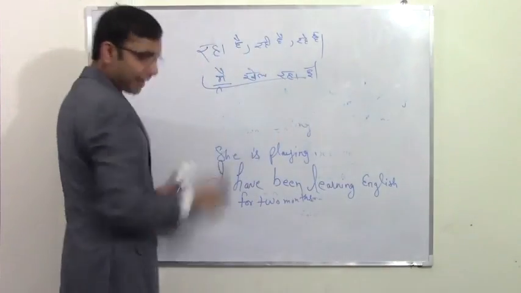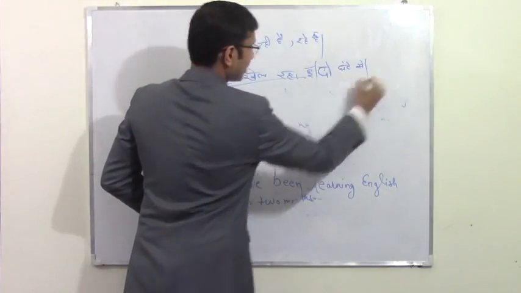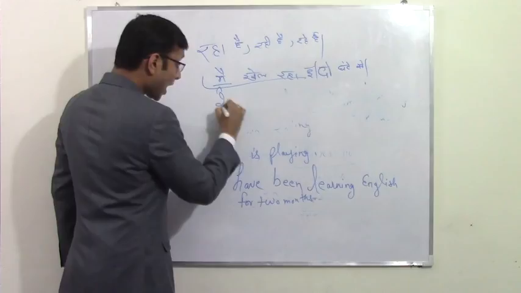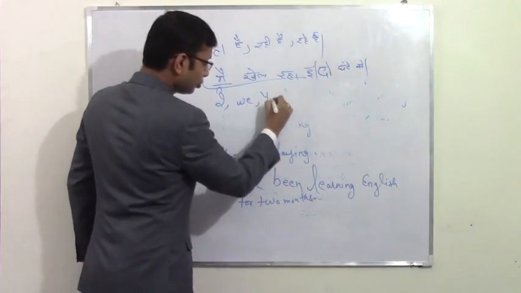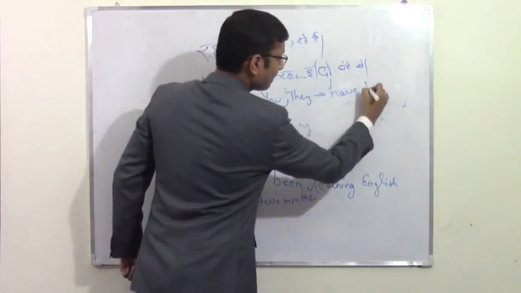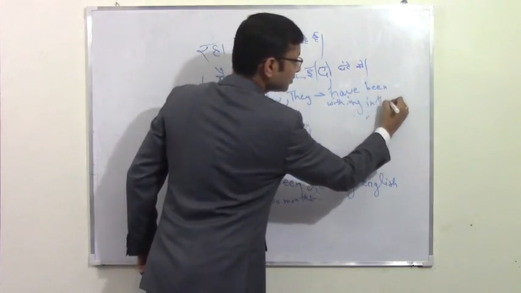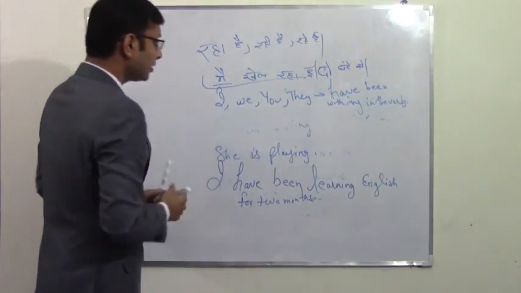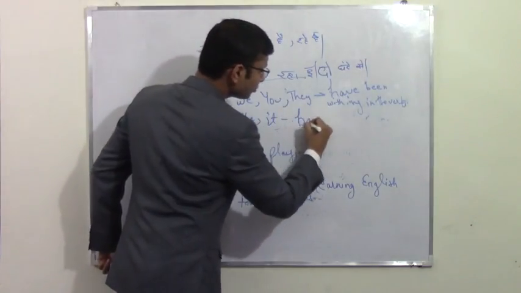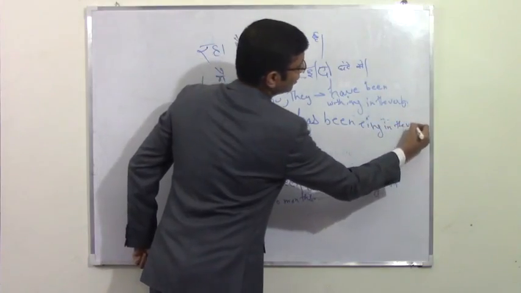So if I say मैं खेल रहा हूँ 2 घंटे से, just like मैं 2 घंटे से खेल रहा हूँ, the helping verb which we are going to use with I, we, you, they is have been with ing in the verb, and with he, she, it we will use has been plus ing in the verb.